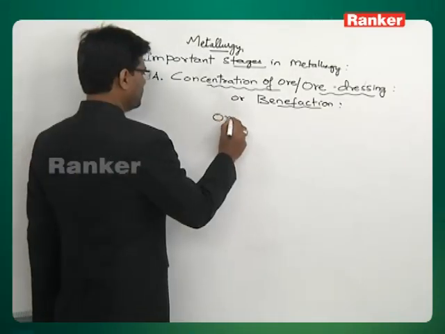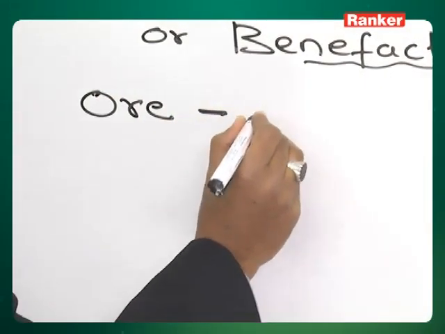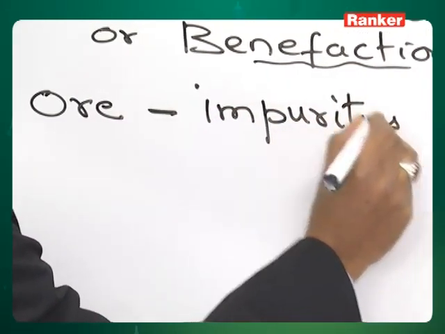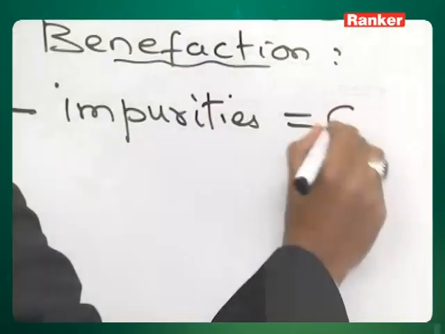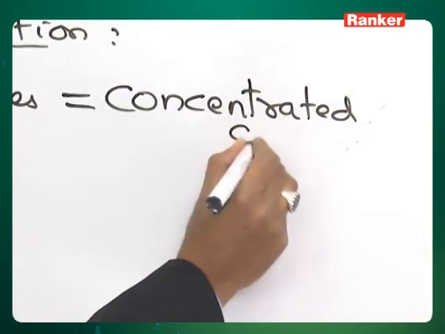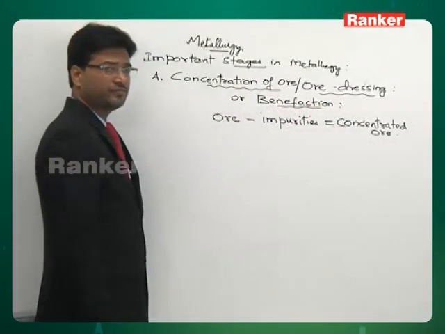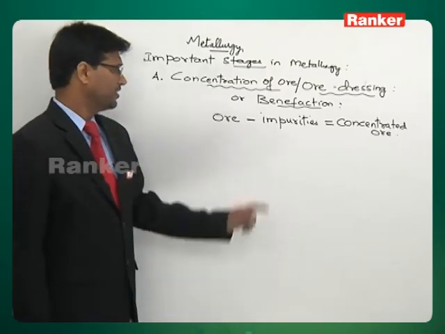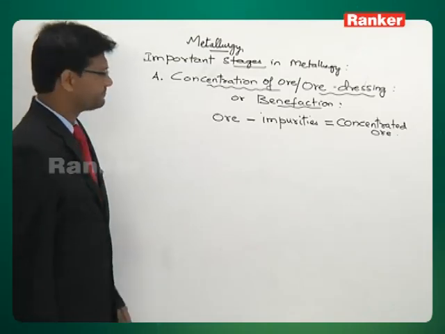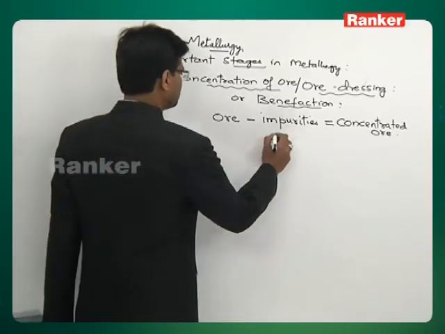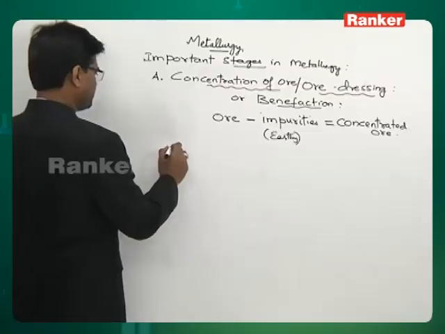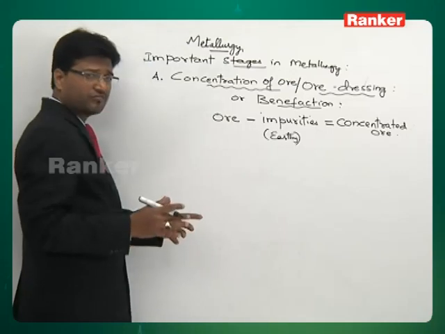Here what we do is ore minus impurities, we get what is called as concentrated ore. This is what we are going to do under this section, concentration of ore. Ore minus impurities. We are removing impurities from the ore. These are earthy impurities.